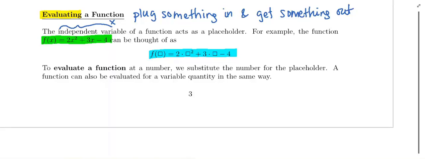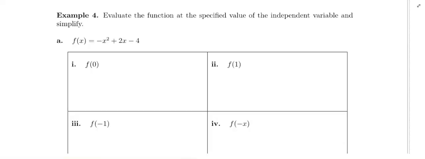On page 4, we're going to do a lot of practice with plugging something in and making sure we get the correct output. The directions in example 4 state: evaluate the function at the specified value of the independent variable and simplify.